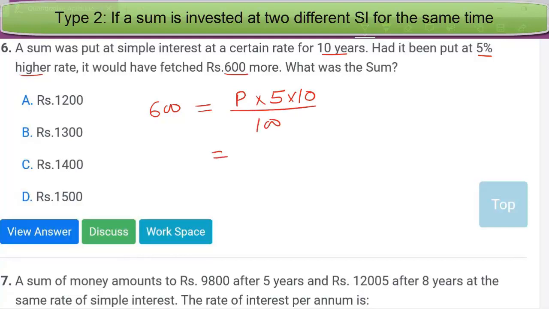So directly you can get P is equal to 600 multiplied by 100 divided by 5 into 10, that means it will be 1200. Okay, so you are directly getting answer A.